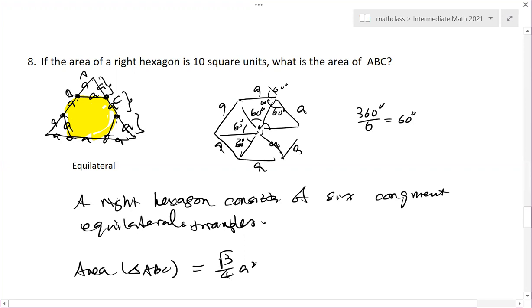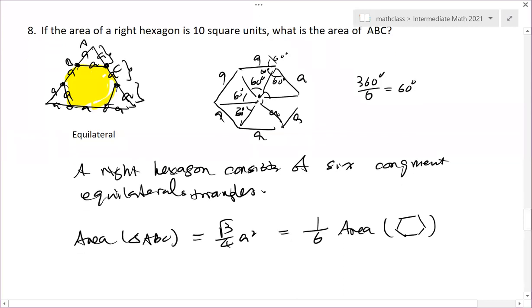And that is just one of the 6 equal triangles, so that's just 1 over 6 of the area of the hexagon, which is 10. Right, that's 5 over 3.